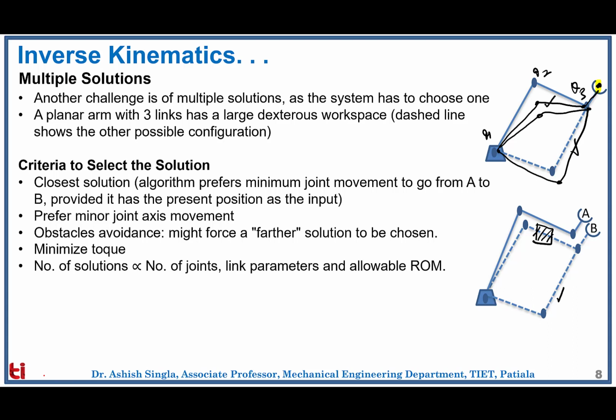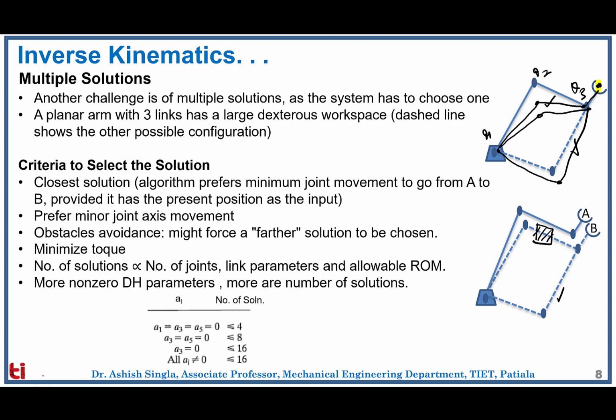The number of inverse kinematic solutions also depends upon the number of joints, link parameters and their allowable range of motion. So the more non-zero DH parameters, the more solutions to the problem of inverse kinematics. We can see in the table below that for a typical Puma robot, if the link lengths A1, A3, A5 are all 0, then the number of solutions is 4.